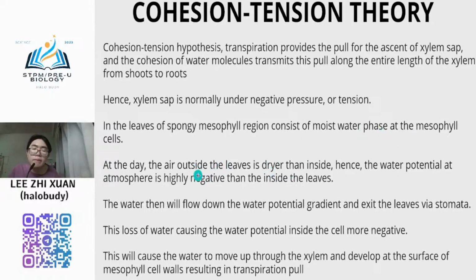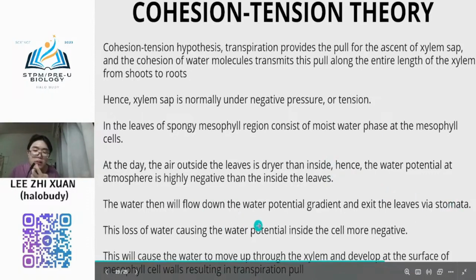We know that your atmosphere is very dry. Its water potential is highly negative, very low. So the water molecules in the leaf will diffuse out, evaporate out from the leaf through the stomata. This causes the water potential inside the cell to become more negative again.